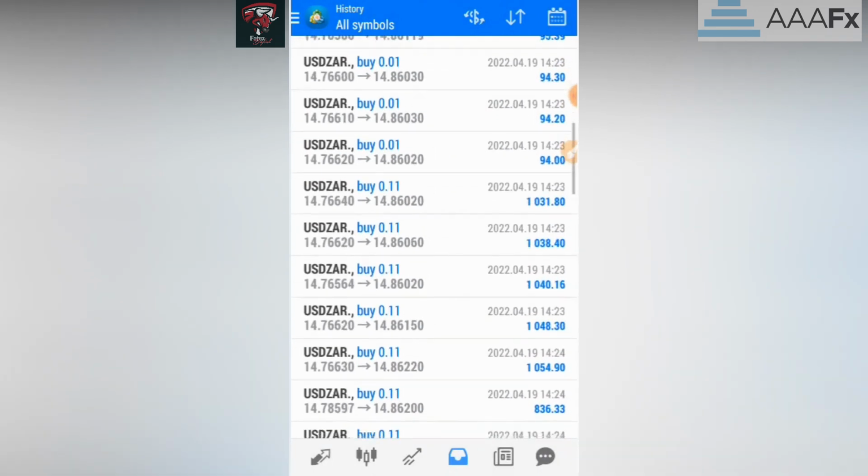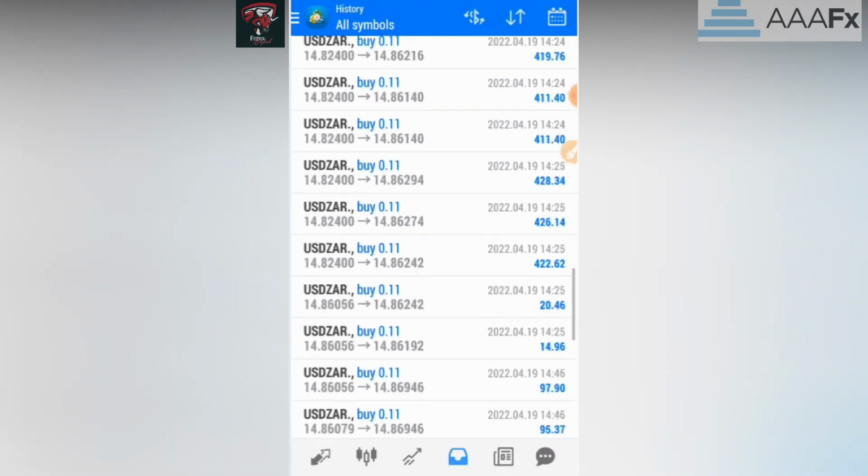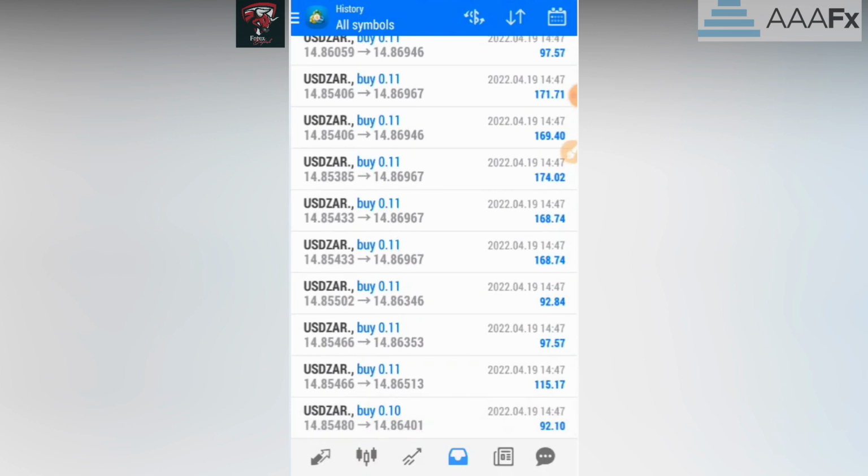That's why you can see here that not all of my positions have the same price, you see. So yeah, that's how you trade the strategy, that's how you execute it.